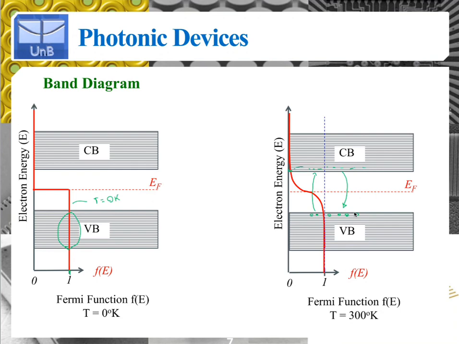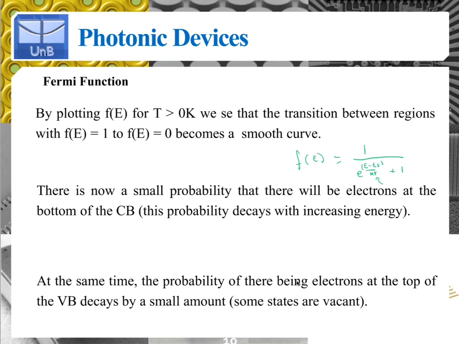So you have a very, very small but different than 0 f of E, and as you go into the conduction band, you have this tail here, so this small value decays to 0 in a smooth way. At the same time, the probability of there being electrons at the top of the valence band decays by a small amount. So some states will be vacant, which correspond to holes.